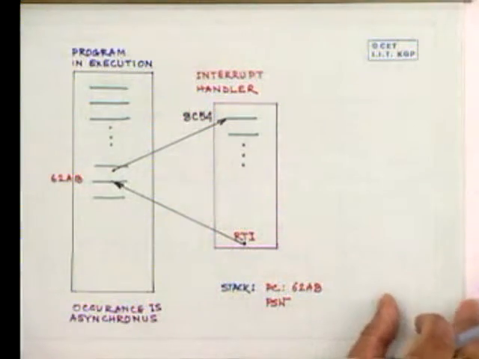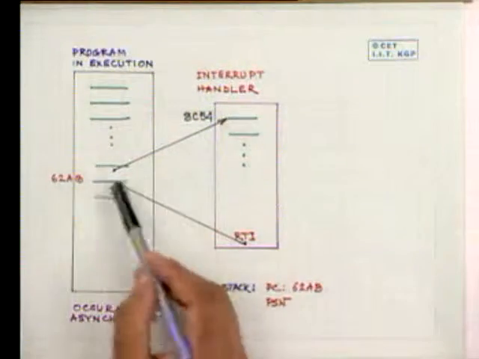This is more or less the same situation as in the subroutine jump and return. The only difference is that we as programmers know exactly where the subroutine call instruction exists, that at this point the subroutine jump will take place.